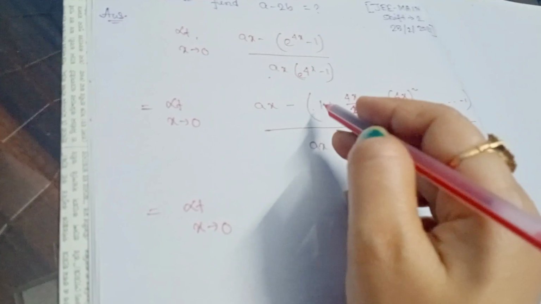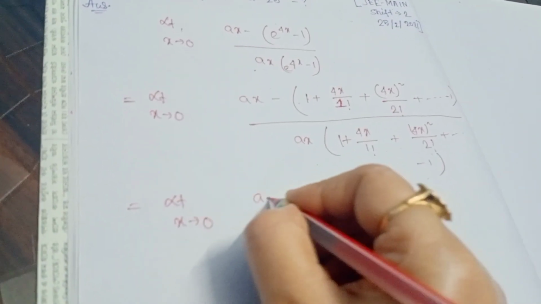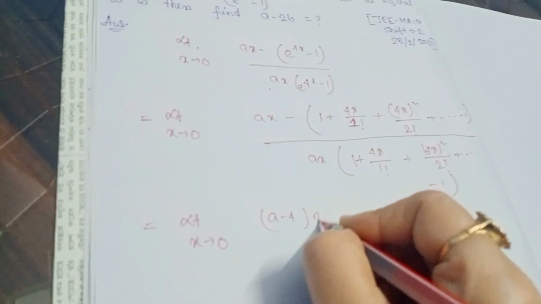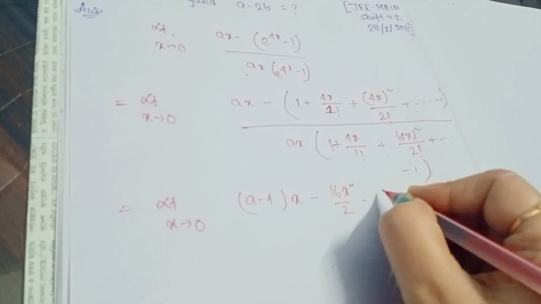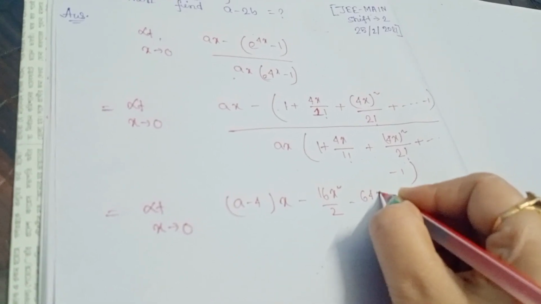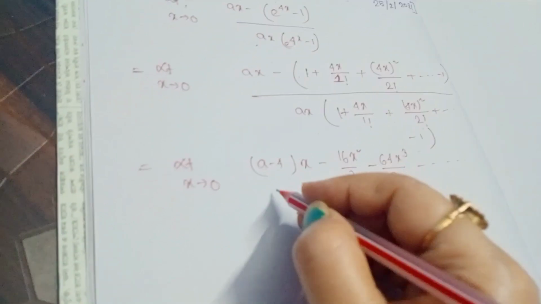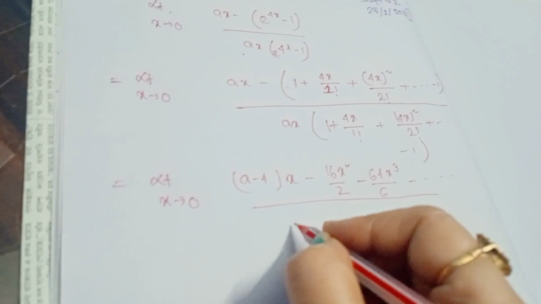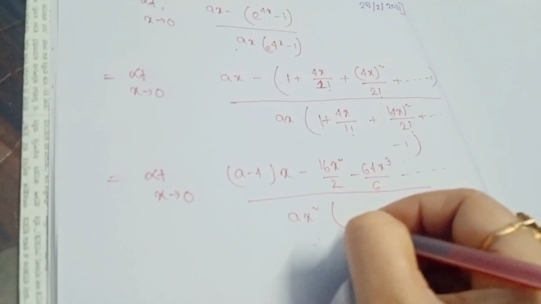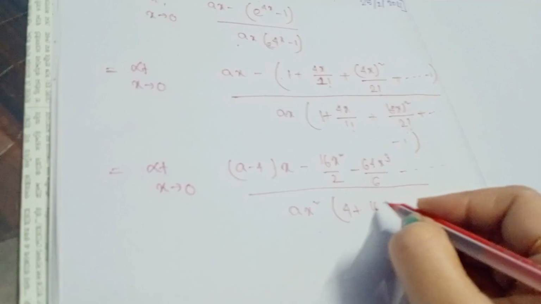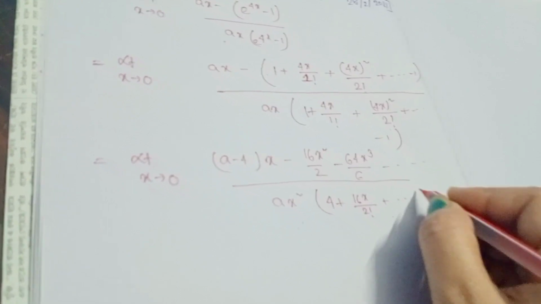So when we leave the first bracket, we get a minus 4 into x minus 16x square by 2 minus 64x cube by 6 minus dot dot dot, and the denominator is ax square into 4 plus 16x divided by factorial 2 plus dot dot dot.